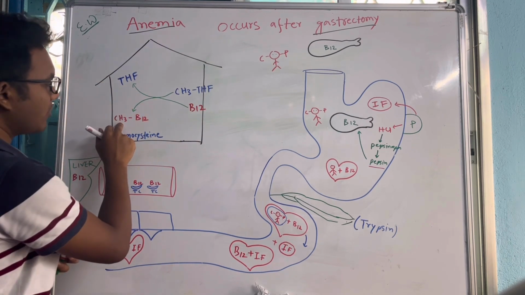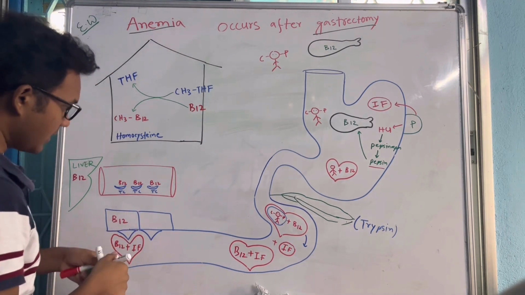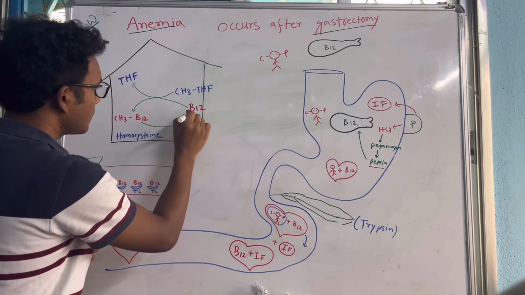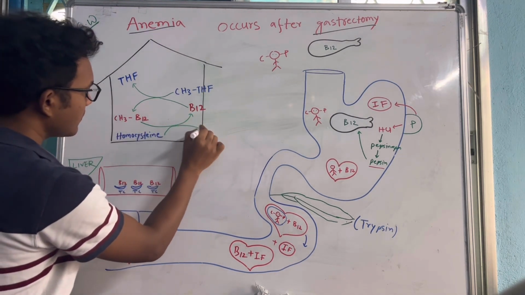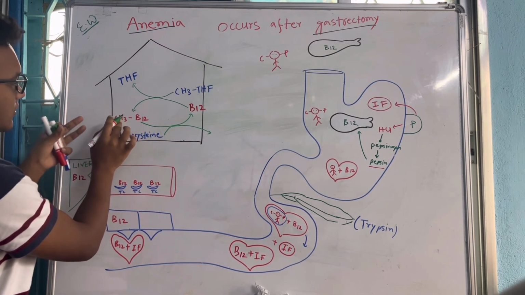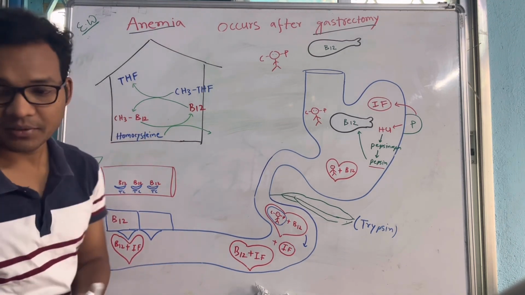Then what will be the fate of this methylcobalamin? Methylcobalamin helps in transferring this methyl group to homocysteine. Now homocysteine becomes methionine.